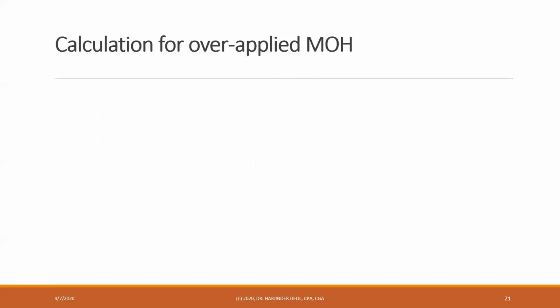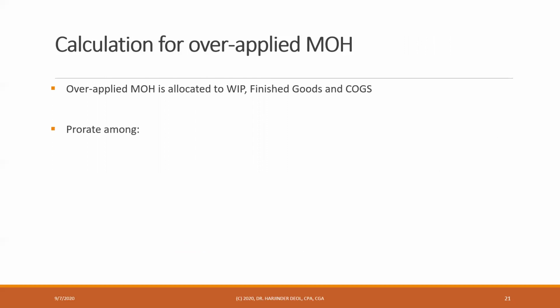So here we will talk about the calculation for over applied manufacturing overhead. As we mentioned, over applied manufacturing overhead is allocated to work in process, finished goods, and cost of goods sold. The allocation is done on the basis of prorating.